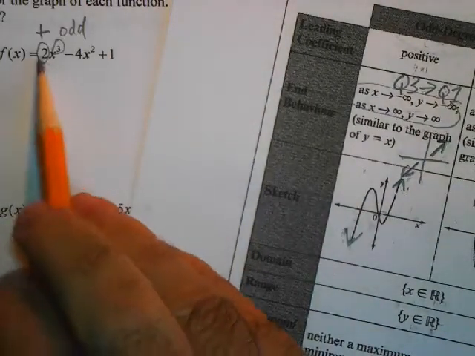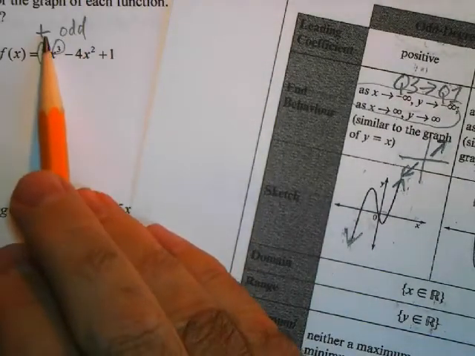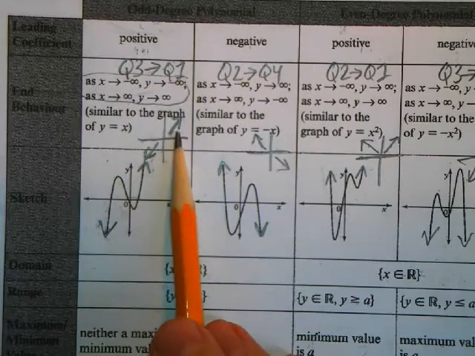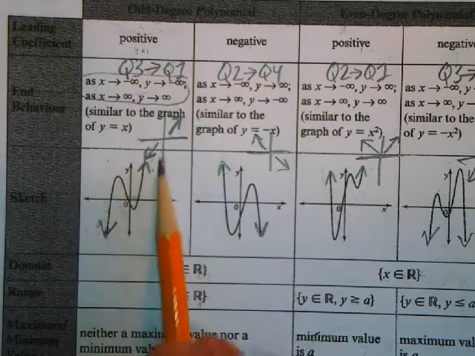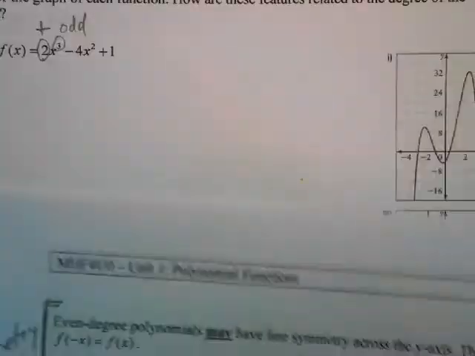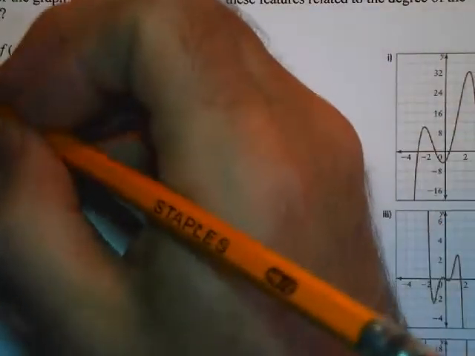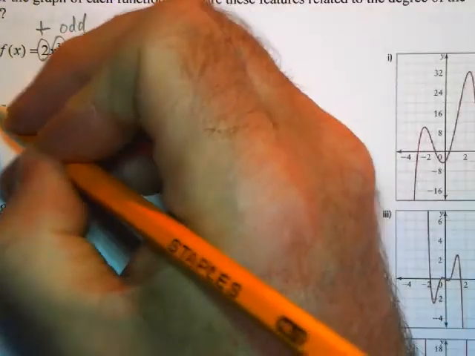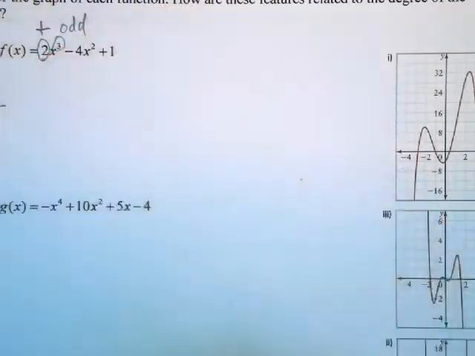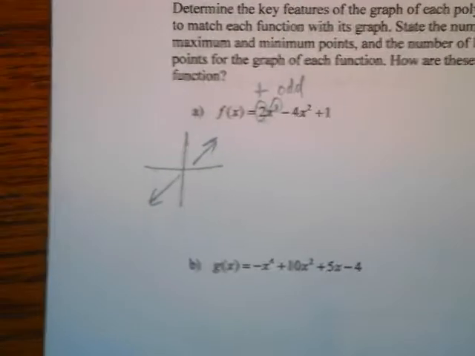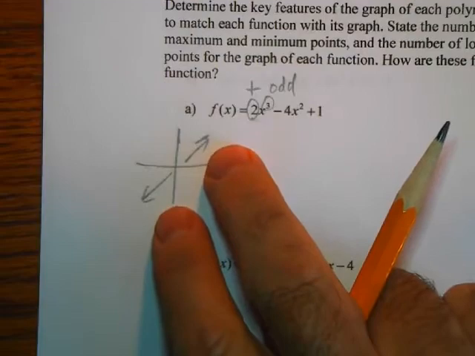We have odd degree, positive leading coefficient, so that is the first column. We know that the end behavior is Q3 to Q1. So as soon as I see that, I know the graph will look something like this. That's what we just drew on the last chart.